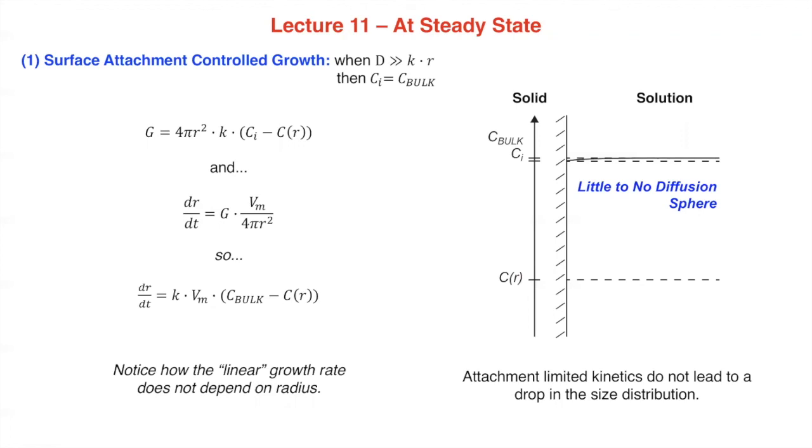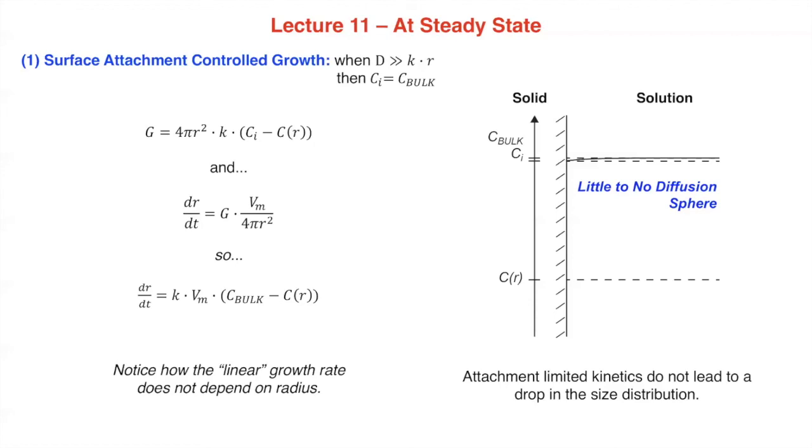It is radius independent. So according to Rice, when you have these surface attachment limitations, you don't get any kind of reason why a small or a large particle would have different growth kinetics. Now, this is making some pretty big assumptions about small and large crystals, and I don't think that this is true at very small sizes.